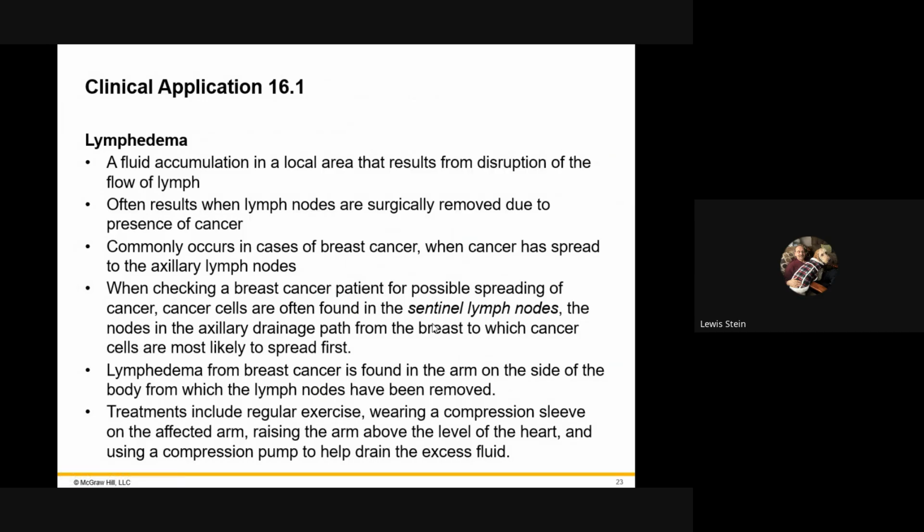Any practitioner, nurse practitioner, doctor, nurse, the first thing you're doing in that exam, when you feel where the lump is, you're working your way back right into the axilla. If you feel a hard spot in there, it's like, okay, you better get a good look, because it's going to have to be excised eventually and examined. Okay, that's the idea. It's just unfortunate. That's where they're most likely to spread, and along the arm on that side of the body.